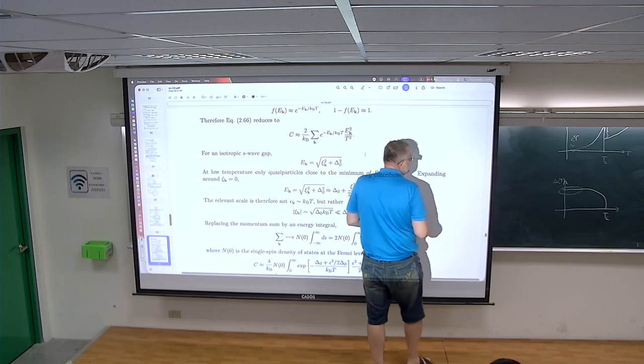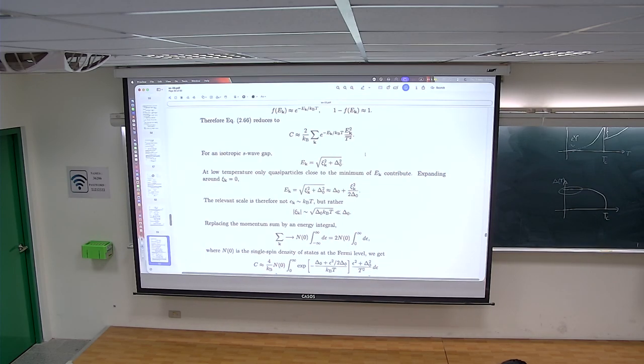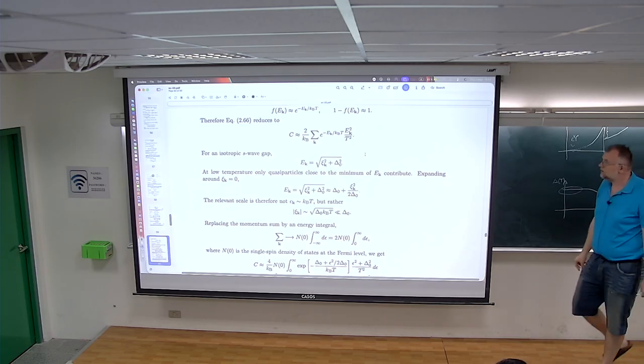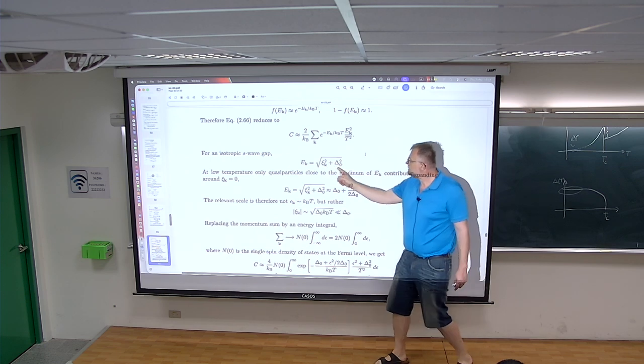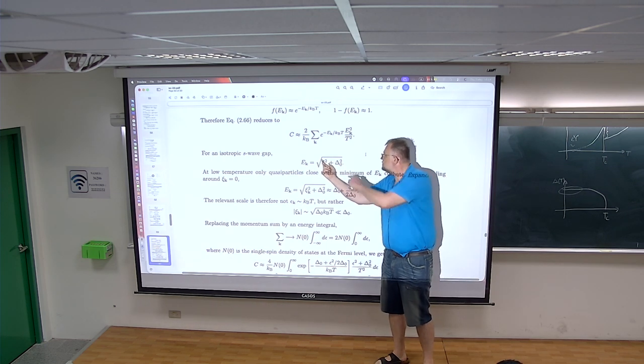So what are the minimum possible energies? Our excitation spectrum is here. Right, so the minimum energies are the energies which are around this Δ. So this is Δ_0, and then I have a few states which are here, which I need to take into account.